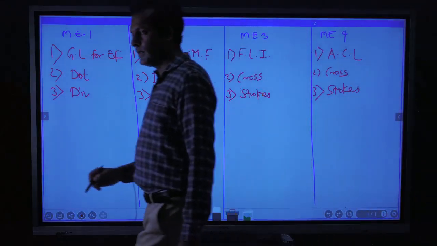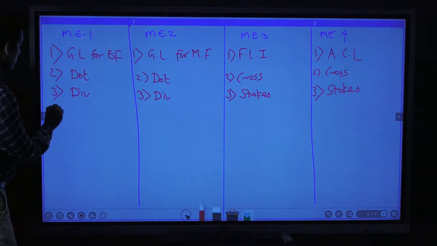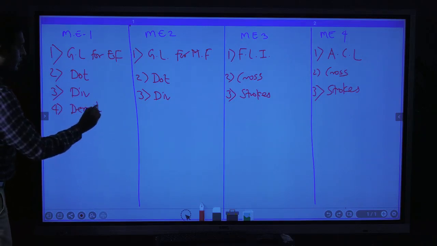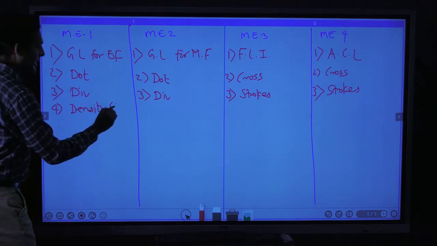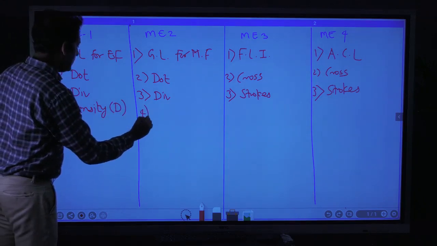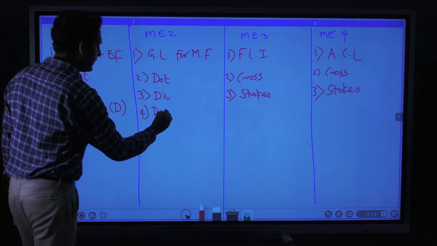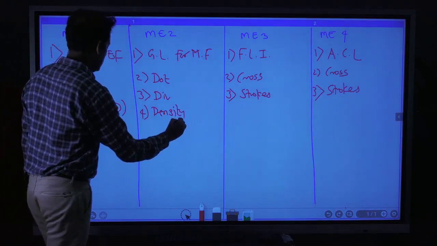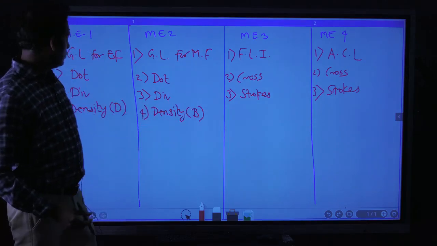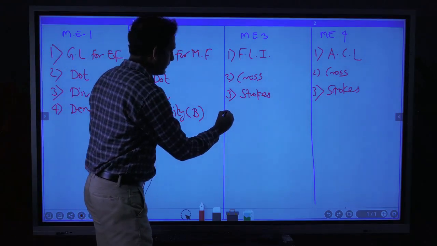Then what is another parameter we have to remember? The first 2 are the densities. This is also a density. Which density? Electric flux density, that is D. This one is also a density, but which density? It is magnetic flux density B. Next 2 are the intensities.